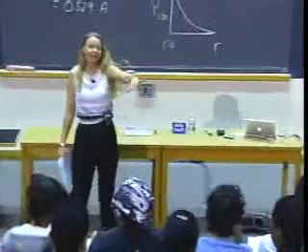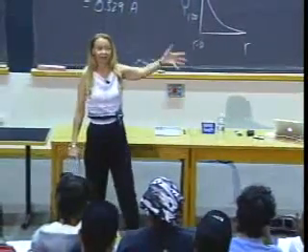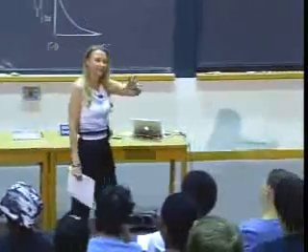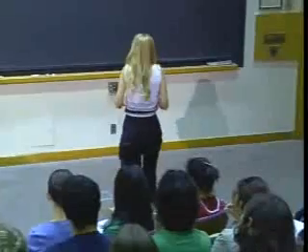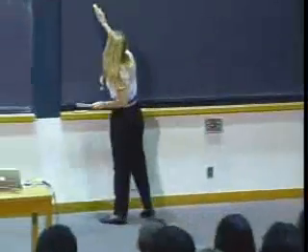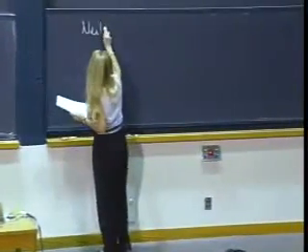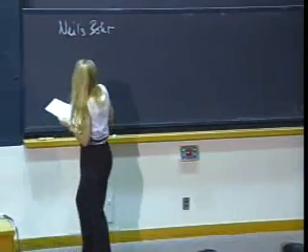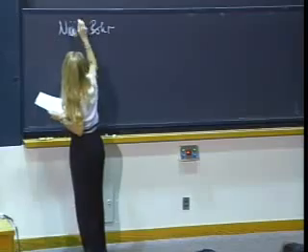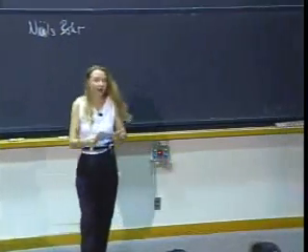But there were many attempts in between 1911 and 1926 to understand what was going on with the hydrogen atom, and one of those attempts was made by Niels Bohr. Spell this backwards, I think it's N-I-E. Okay.